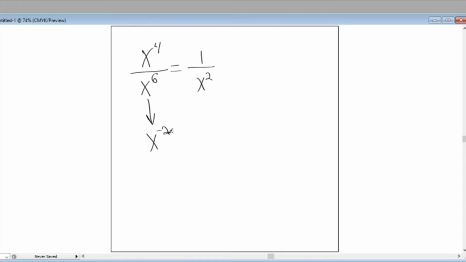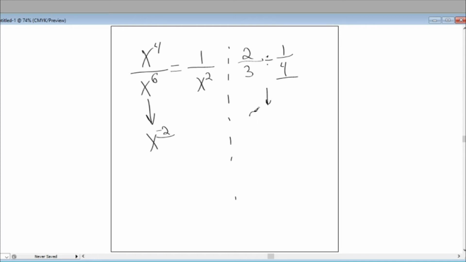However, when we have a negative exponent, what this is telling us is that this is what's called the reciprocal. If we remember back to fractions, when we divided fractions, we had this term: multiply by the reciprocal. What we did was we just said, hey, flip this second number.